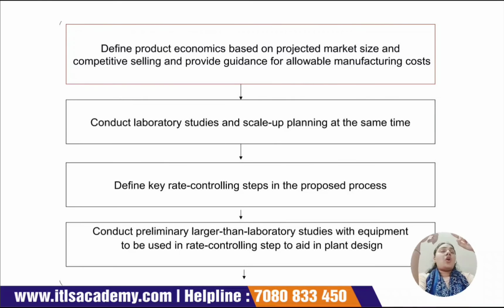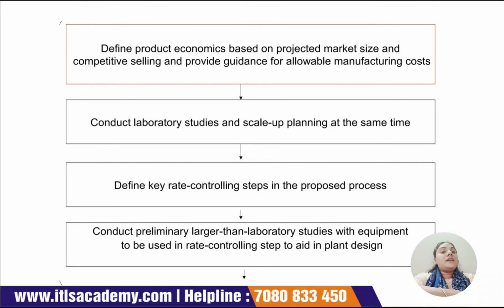So how will you define the product economics? That could be based on the projected market size and the competitive selling. Then conduct the laboratory studies and scale up planning at the same time. After the product is defined, the next step is to conduct the laboratory studies, and you could do this side by side.